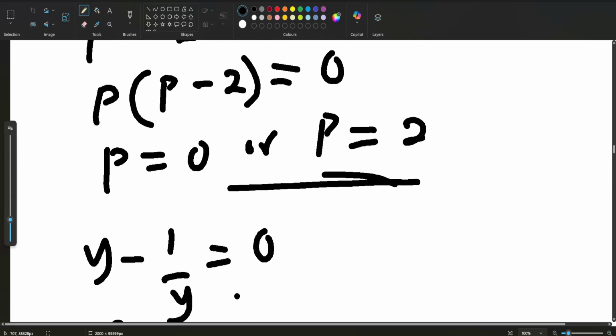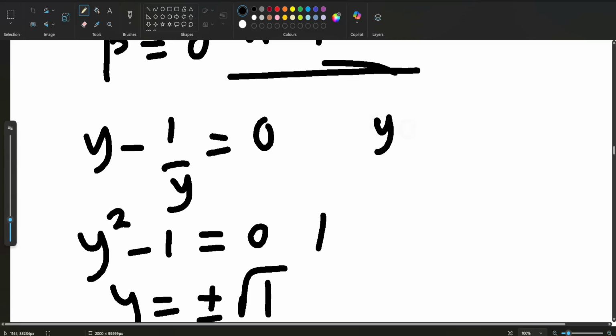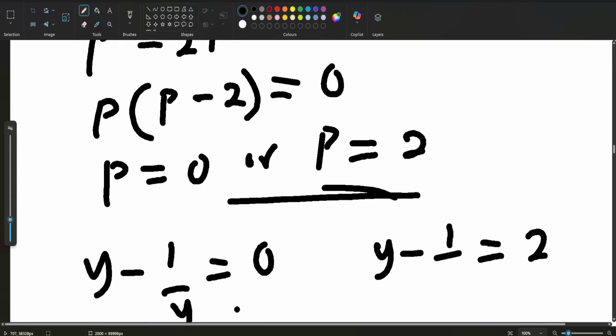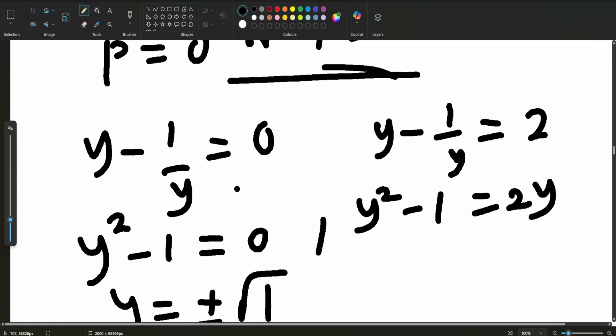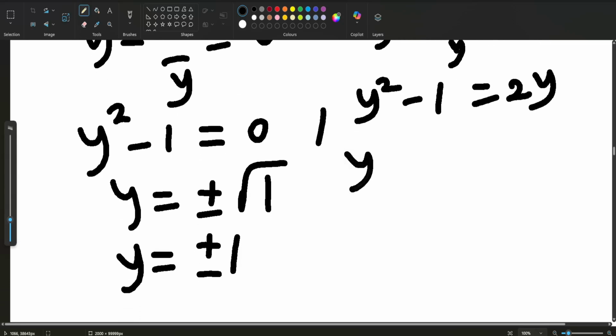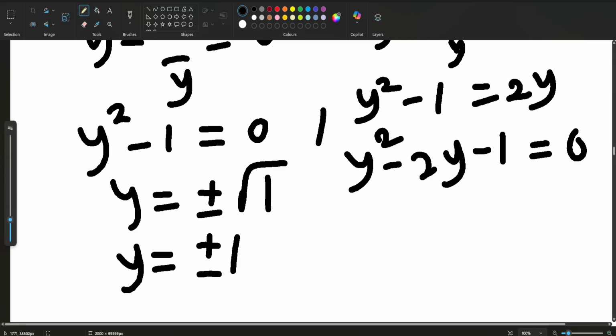Then in the second scenario, when it is 2, so y minus 1 all over y is equal to 2. Right? So if we multiply everything by y, that will be y squared minus 1 equals to 2y. So y squared minus 2y minus 1 equals to 0.